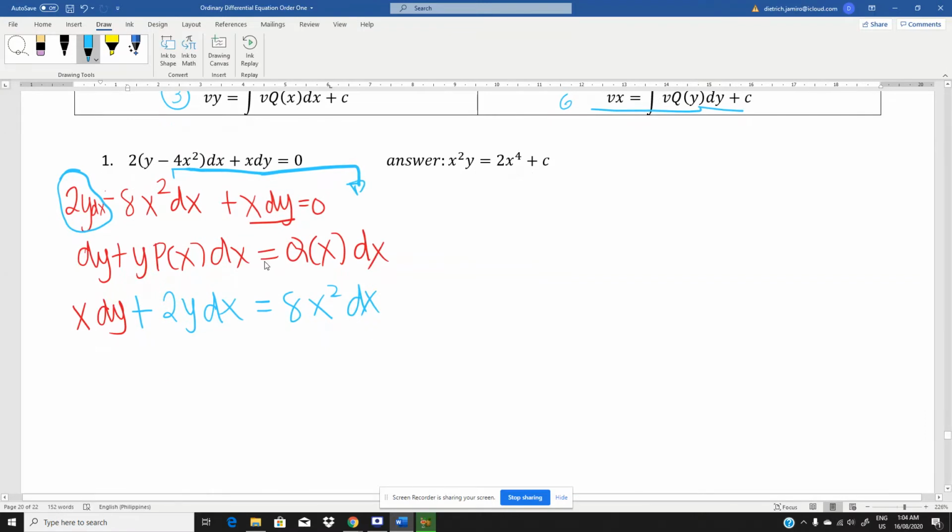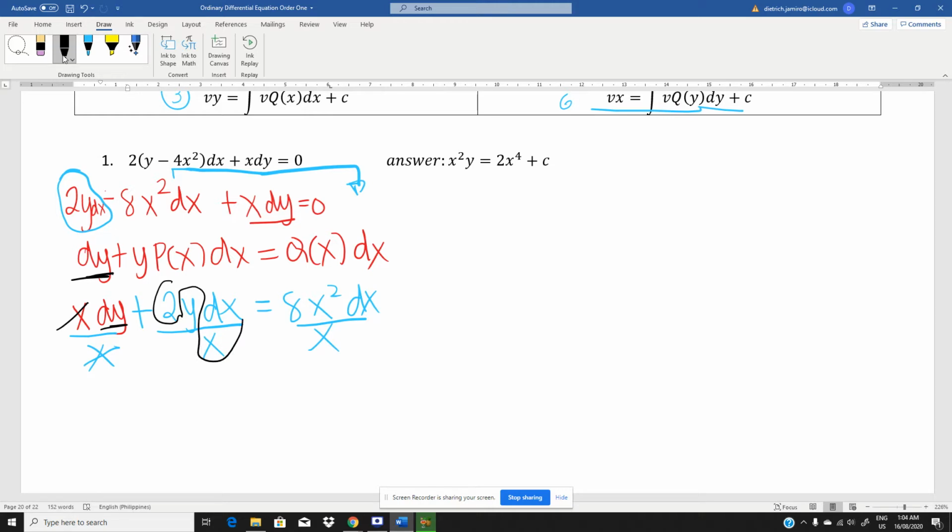As you can see, I should divide both sides of the equation by x. So x will cancel out on the first term, so we will have only dy on our first term, plus 2 times y dx all over x. Our p of x dx on the second term is this one, 2 dx over x.